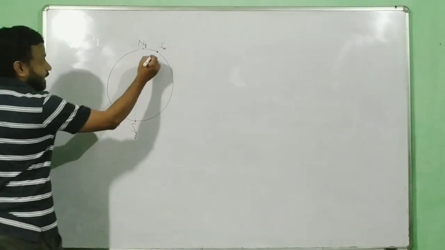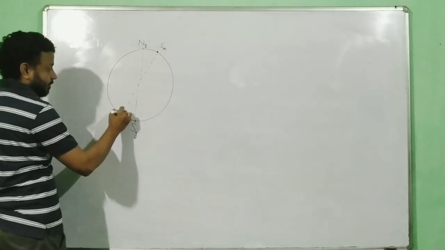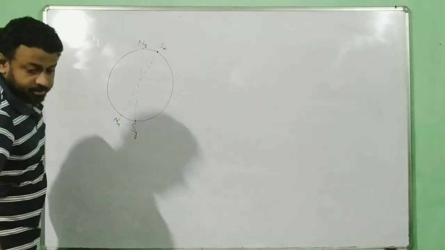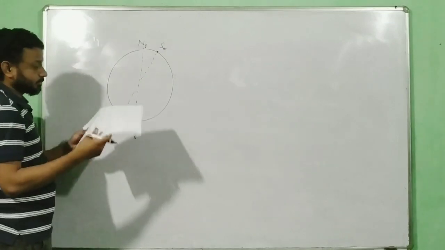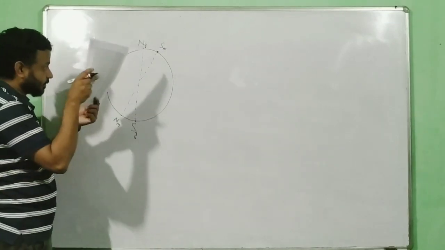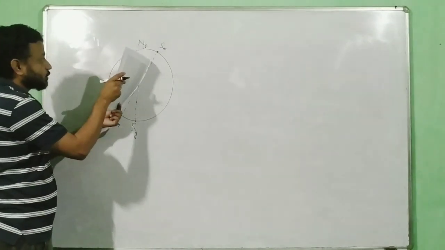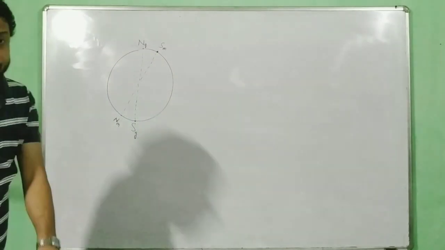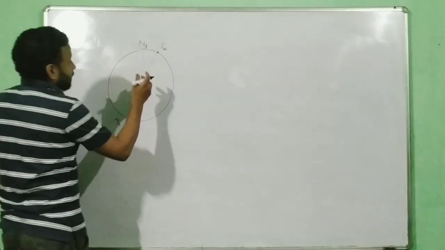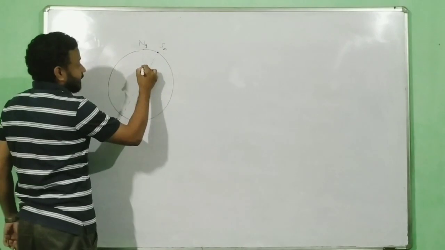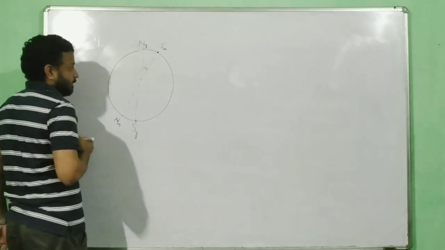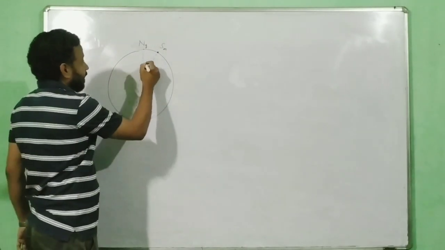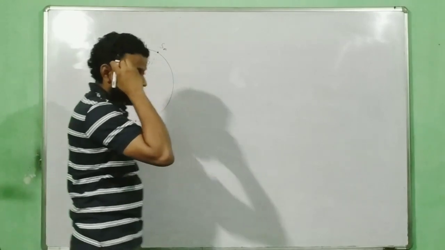And if I do the same thing over here, which passes through this, then this one is called the magnetic meridian. There is an angle which develops over here. Let me call this angle theta, and I will come to that part.